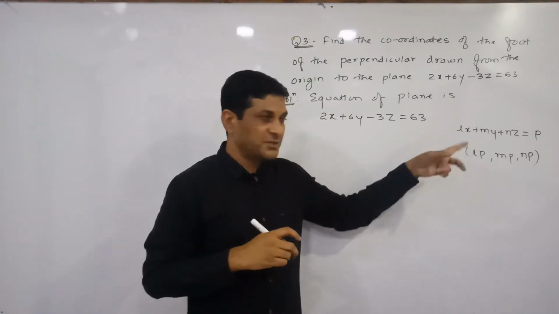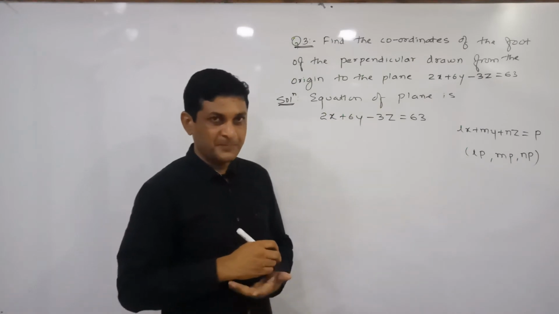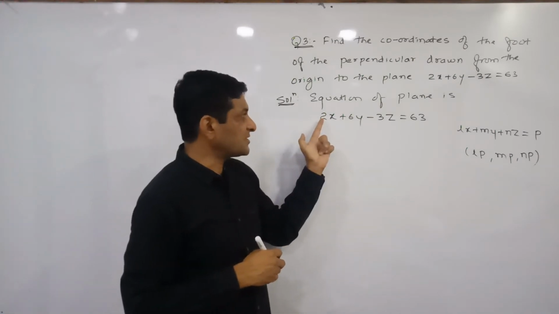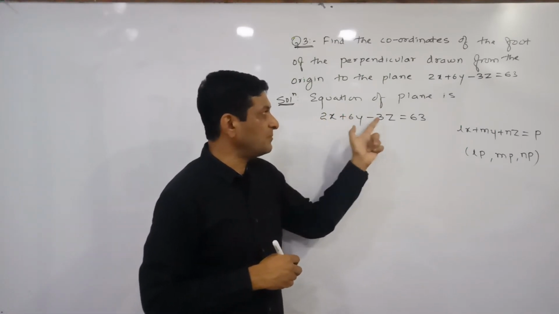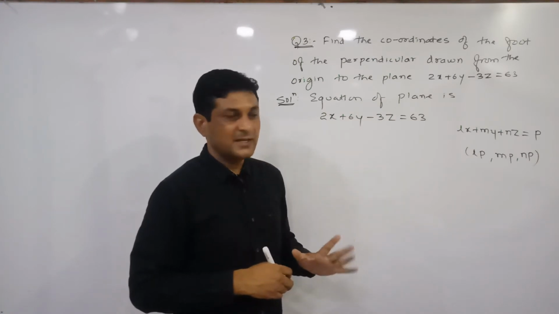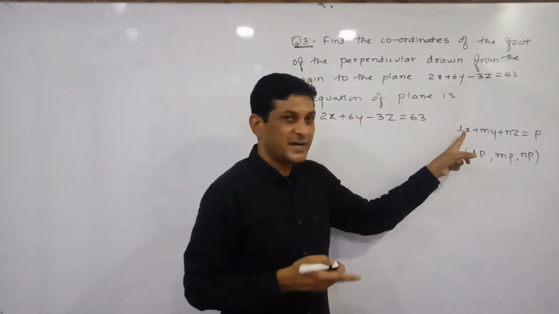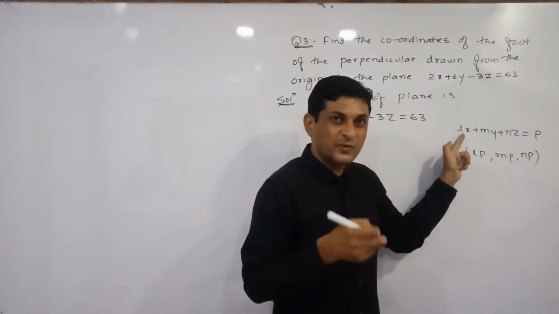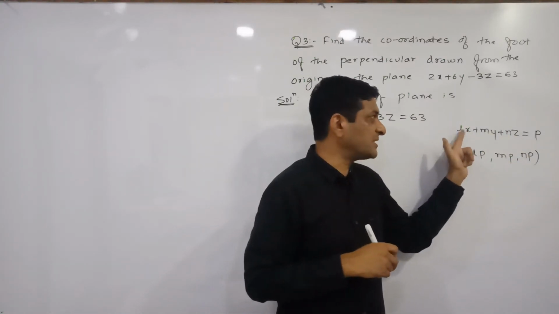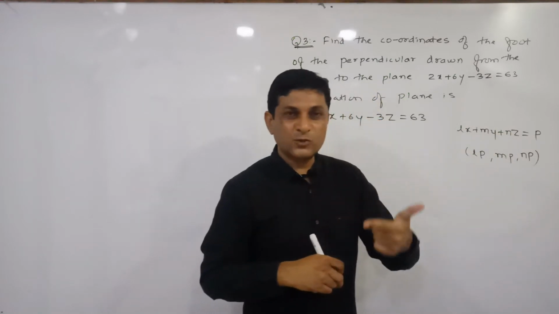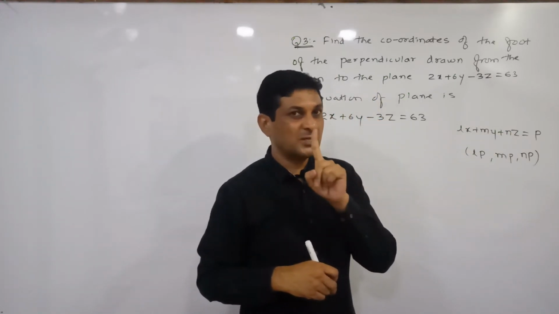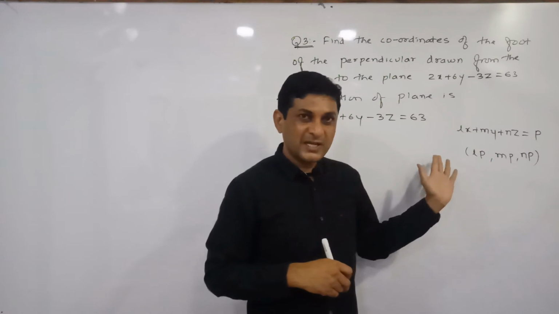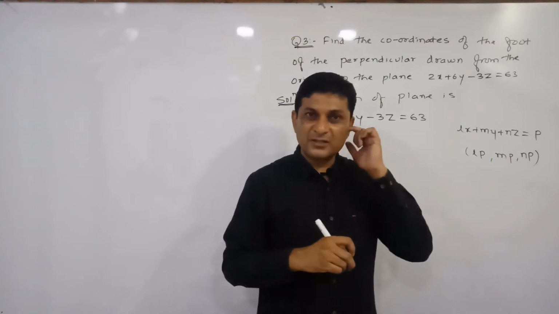Here we can observe that the sum of squares of these three numbers cannot be equal to 1. For the sum of squares of the coefficients of x, y, z to be L square plus M square plus N square, it should equal 1.